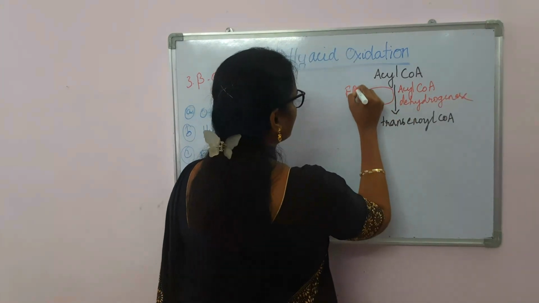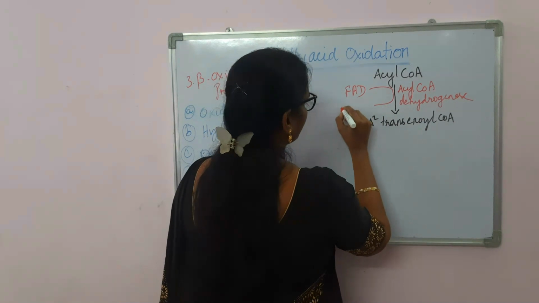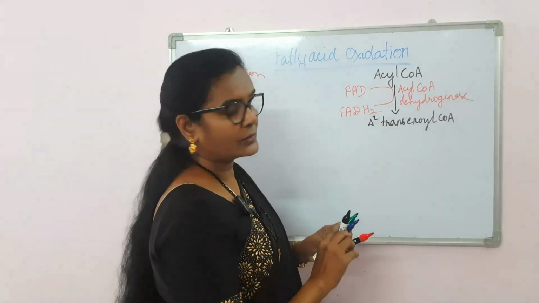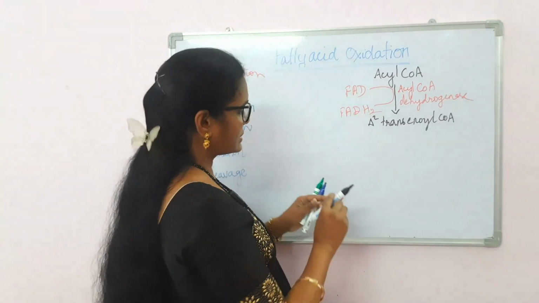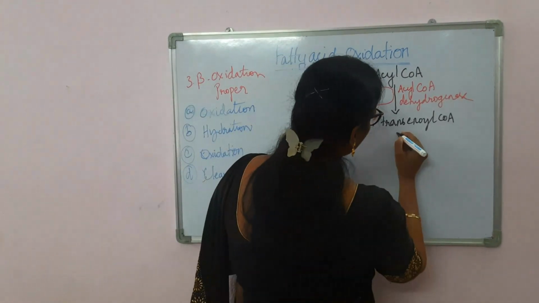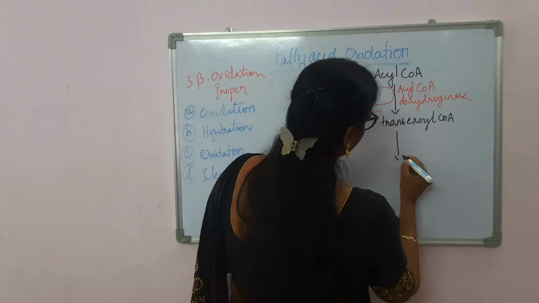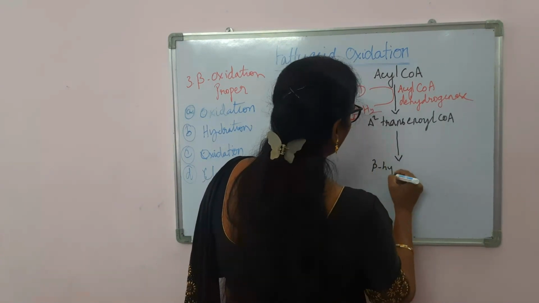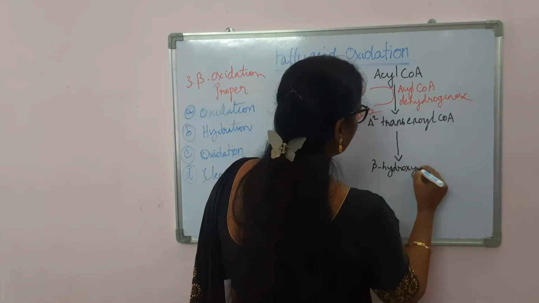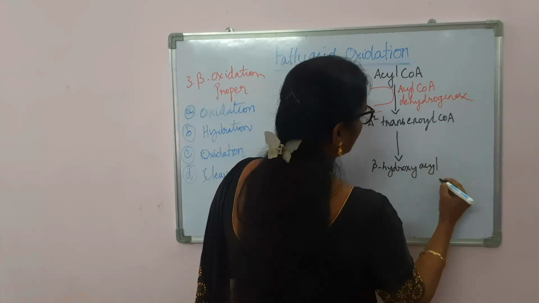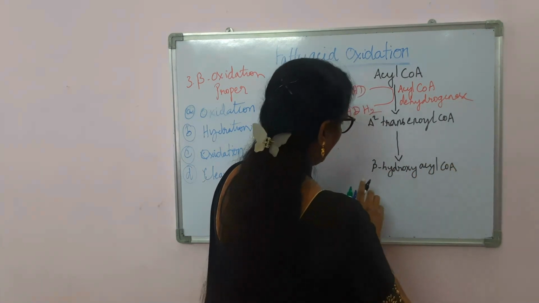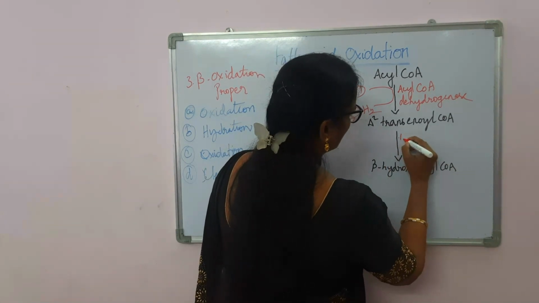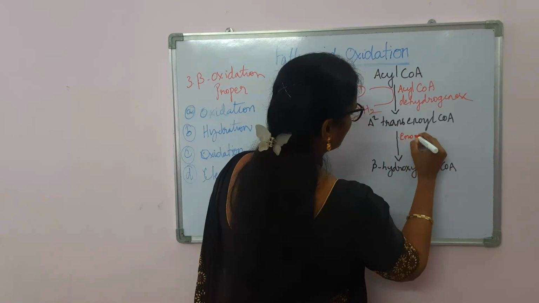Here FAD is reduced to FADH2. This is the first oxidation reaction of beta oxidation. And second step is the hydration reaction, which forms beta hydroxy acyl CoA. This takes place with the help of enoyl CoA hydratase.